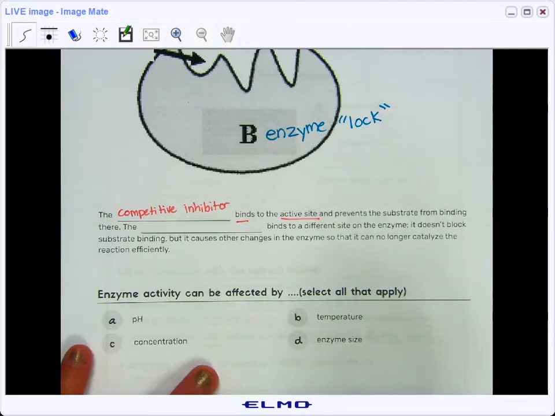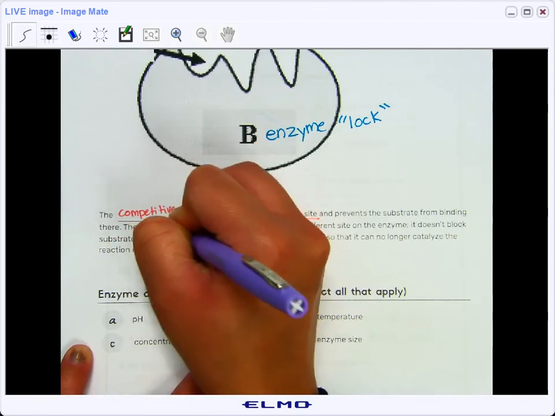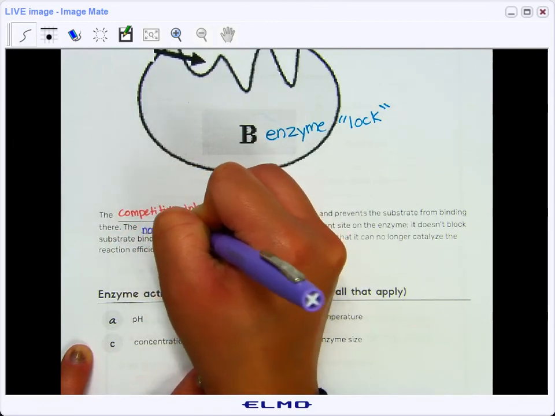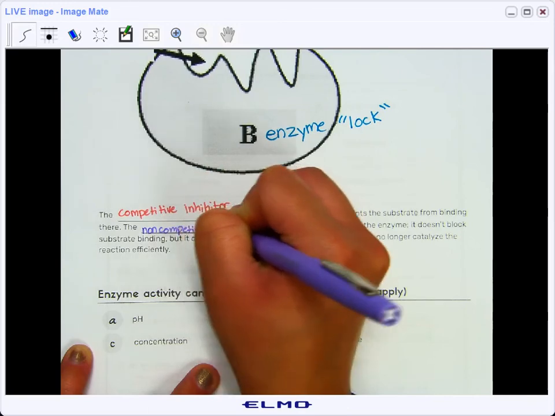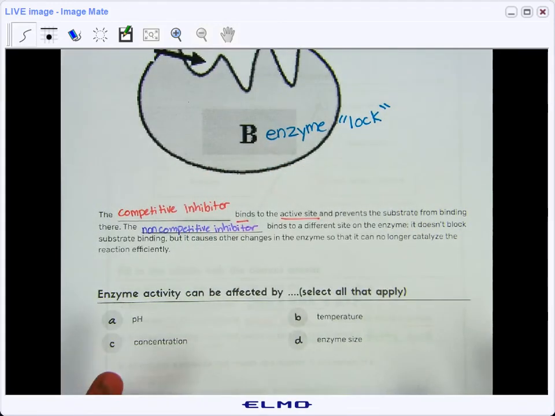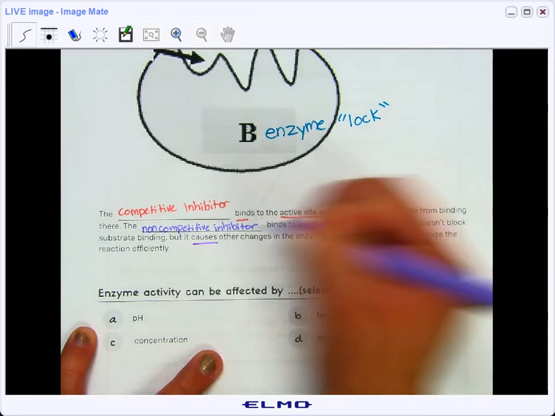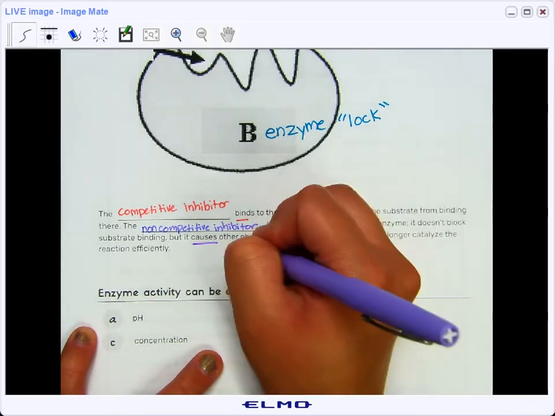And the second one is a non-competitive inhibitor. This one doesn't block the active site, but it does bind to a different site on the enzyme. It attaches somewhere else, and it causes the active site to change.